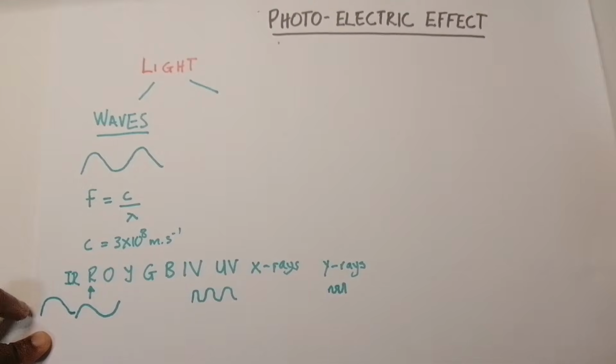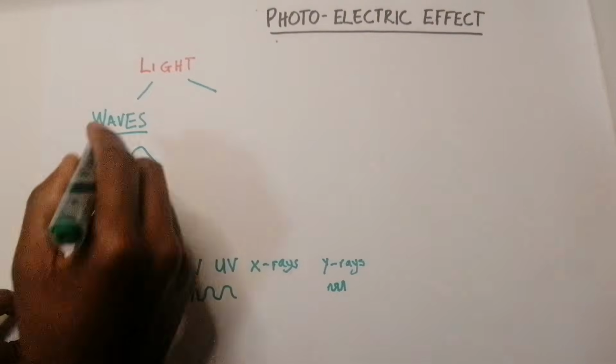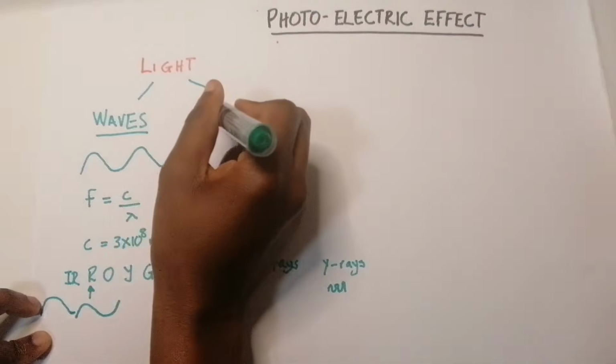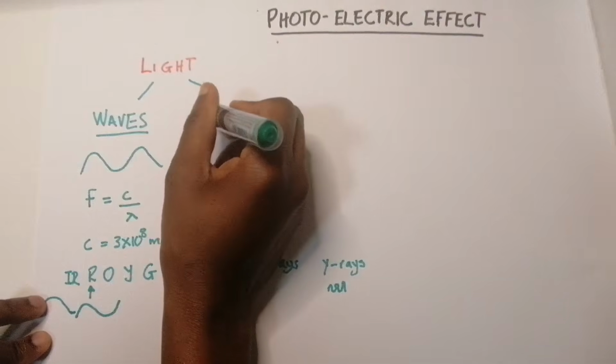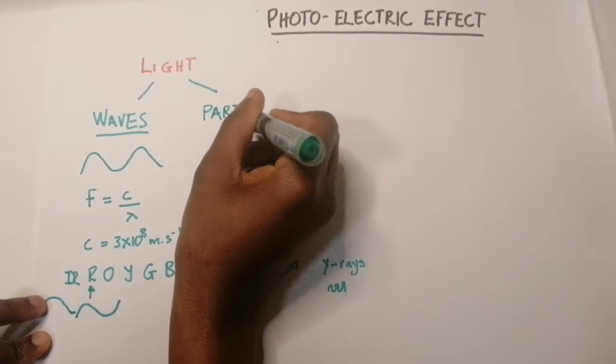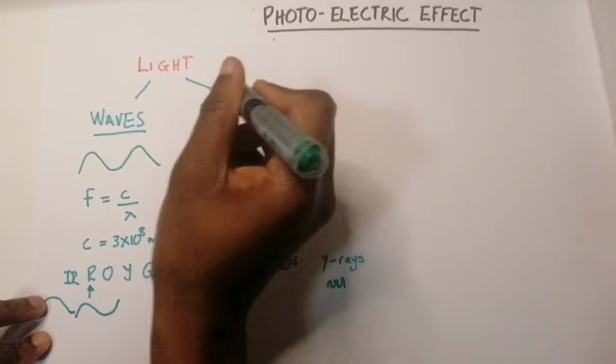However, when it comes to the photoelectric effect, okay, we no longer are looking at the wave nature of light, even though we're going to intertwine the two to some extent. What the photoelectric effect has to do with is the particle nature of light, so the behavior of light as a particle.